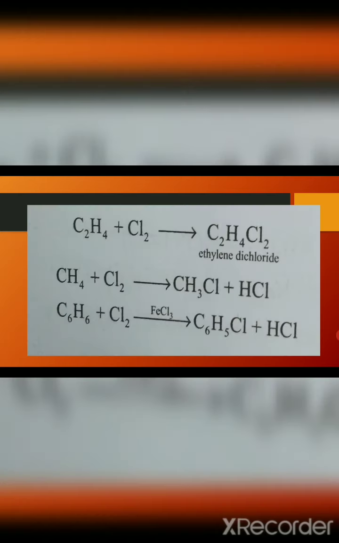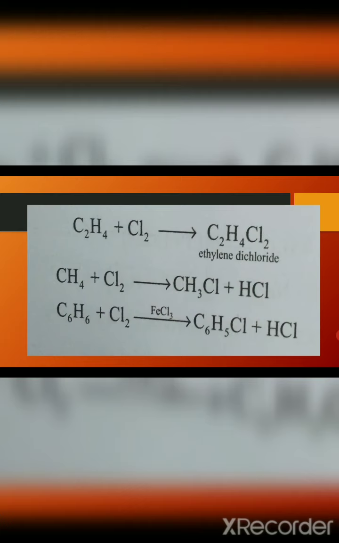Chlorine combines with SO2 and gives SO2Cl2, sulfuryl chloride, and then carbon monoxide plus Cl2 gives COCl2, carbonyl chloride. And the next, ethylene, C2H4, plus Cl2 gives C2H4Cl2, ethylene dichloride.